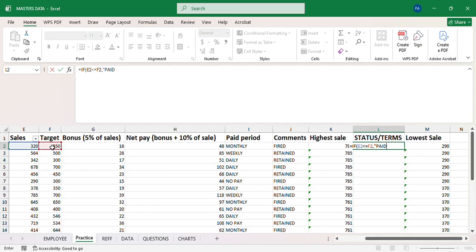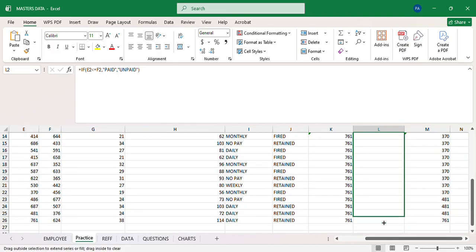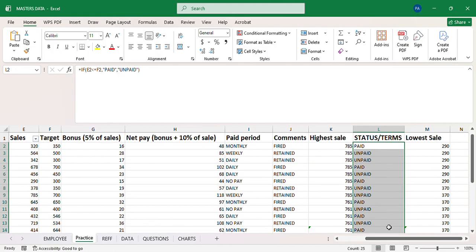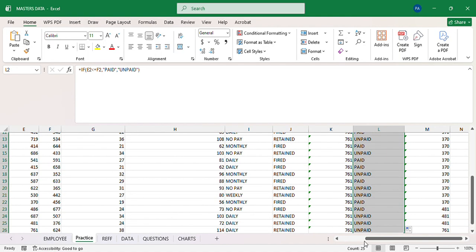Or otherwise, we're not going to pay her, which is unpaid. So the past person, the sale is less or equal to that, so we're going to pay her. And there are people that we are going to leave unpaid.